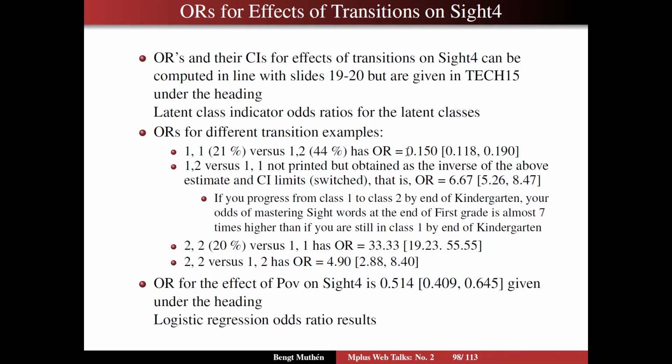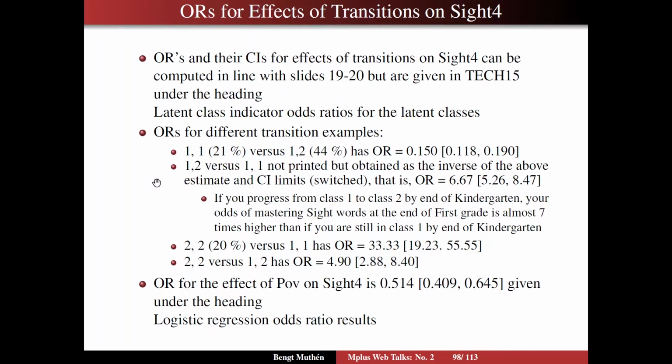We have a much lower odds for staying in the starting class versus moving on. That's what we hope to be the case. That is better, a higher probability for moving on.